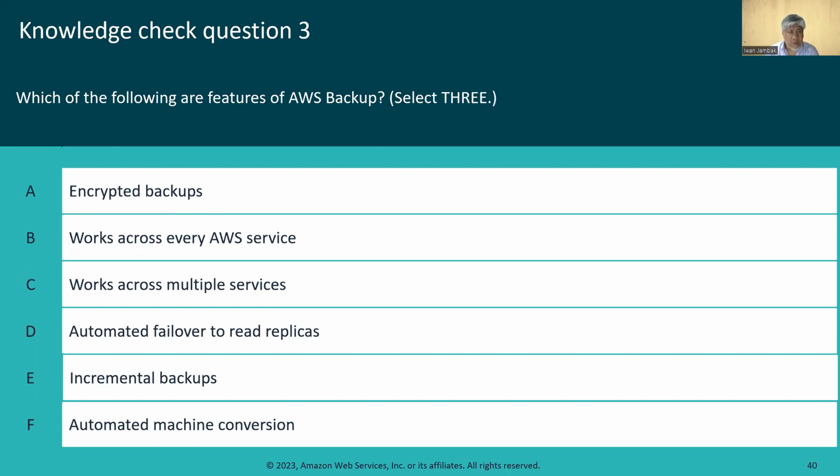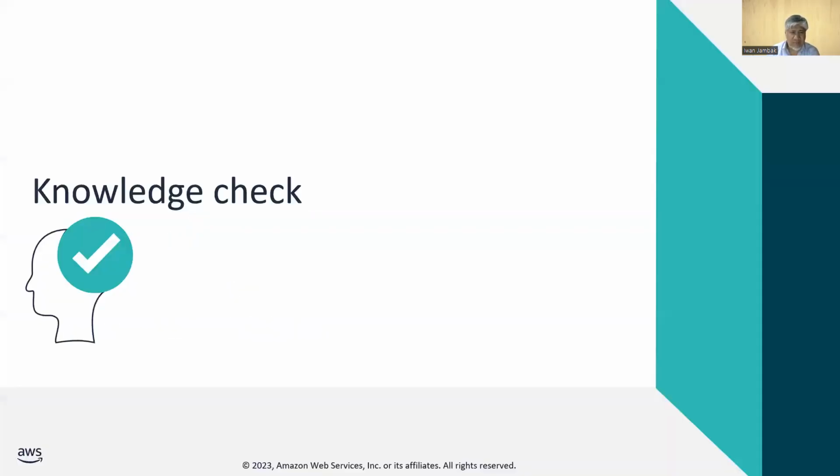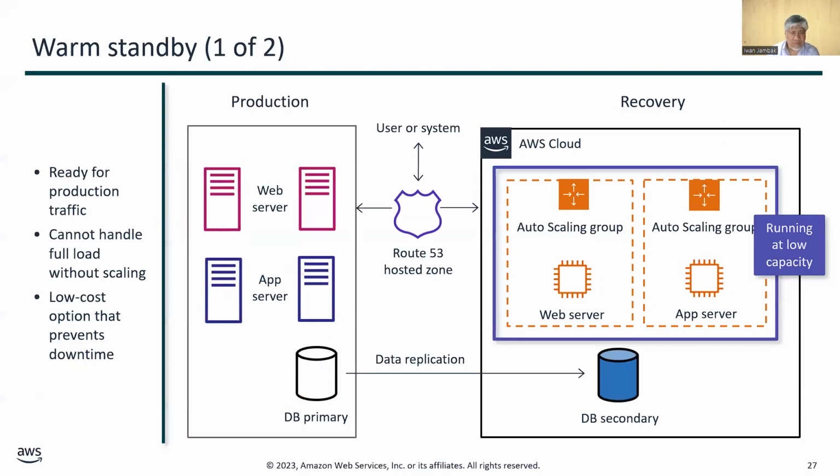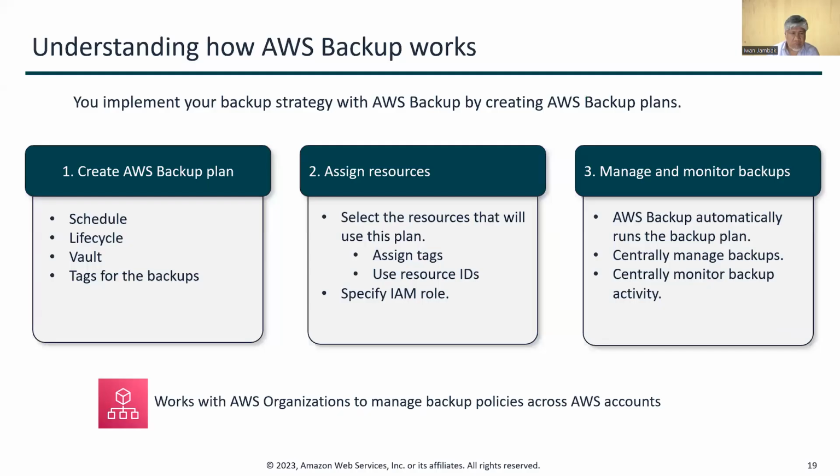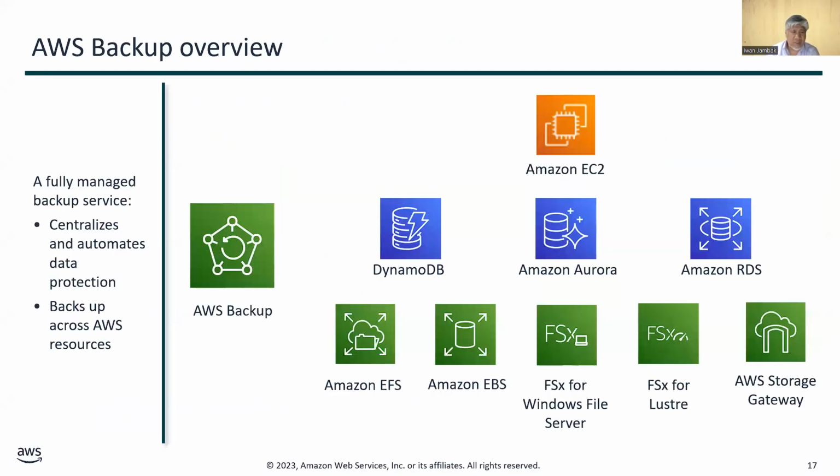Which of the following are features of AWS Backup? Does it include encryption? Yes. Is it across every AWS service? All the services? No, it's only certain services. This is what can be centralized by the backup.